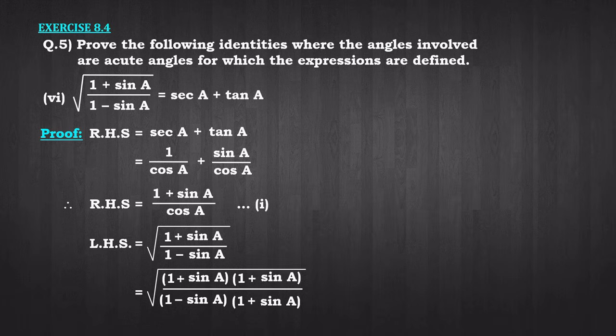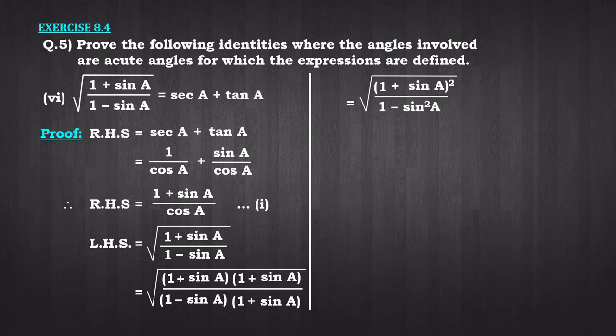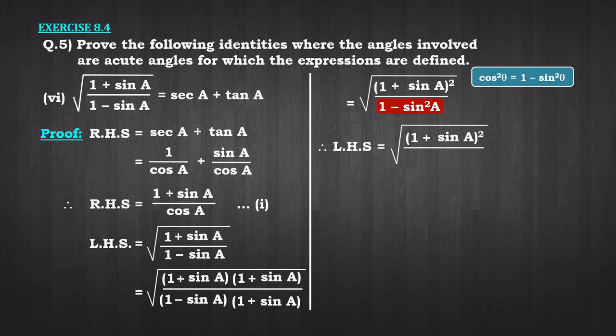This simplifies to square root of (1 plus sine A) the whole squared, divided by 1 minus sine squared A. Now use the identity: cosine squared A is equal to 1 minus sine squared A. So, the expression becomes square root of (1 plus sine A) the whole squared, divided by cosine squared A.